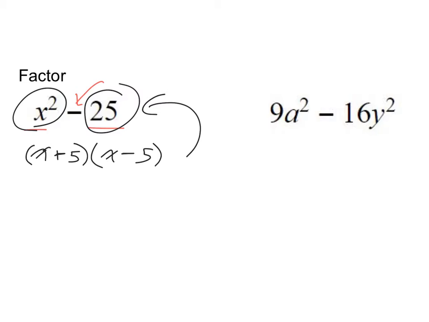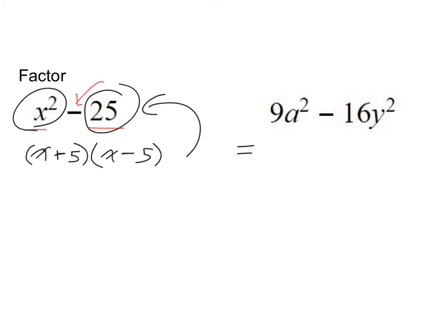So again, if we do this with a little bit more complicated looking one, we would still immediately recognize that in this binomial we have two perfect squares. So 9 is a perfect square, a squared is a perfect square. So that first term is a perfect square, and 16 is a perfect square, and y squared is a perfect square. So that whole term is a perfect square, and we have a negative sign in the middle.